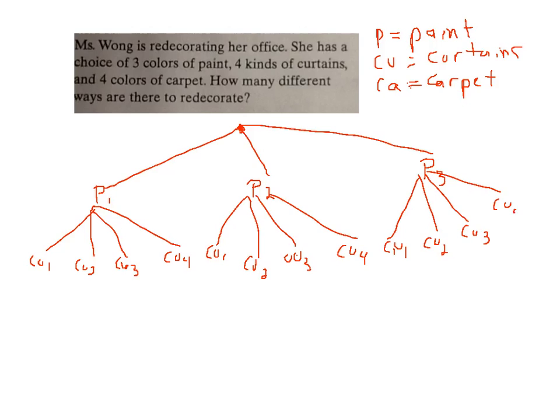Okay, so that's all the curtains. And then there's 4 kinds of carpet coming off of them. So we've got from here 1, 2, 3, 4, 1, 2, 3, 4, 1, 2, 3, 4, 1, 2, 3, 4. So I'm going to do this for each of them.